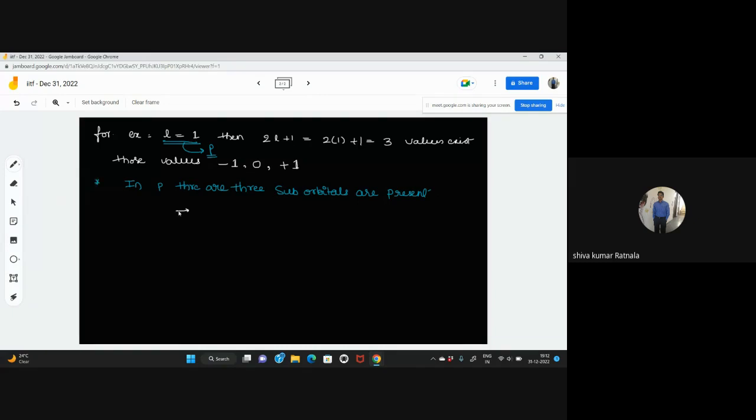So minus 1 indicates the px orbital, plus 1 indicates the py orbital, and 0 indicates the pz orbital. For 0 we can fix it as pz, whereas x and y we can interchange, no issue. But this is only fixed as per the IUPAC standard.